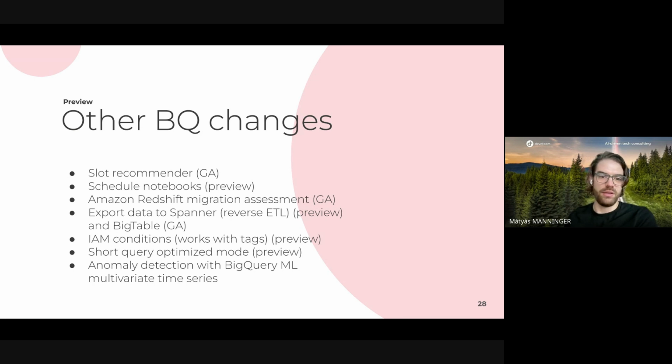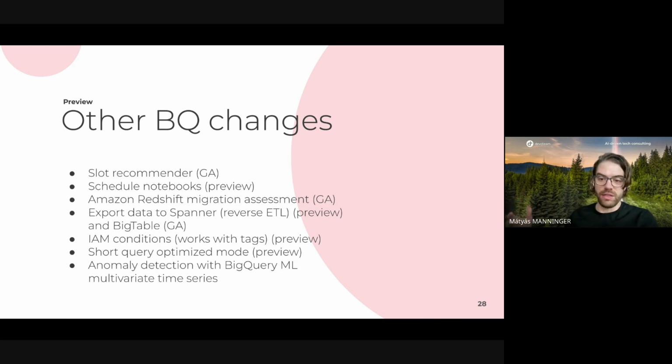And then you can also use IAM conditions for your different BigQuery resources. So if you're not familiar with IAM conditions, it is the ability to attach some conditions to an IAM permission. So when you give someone read access or write access, then you can set an expiration time on that.